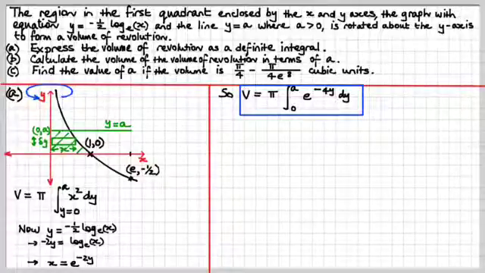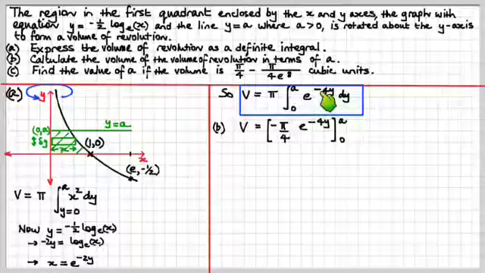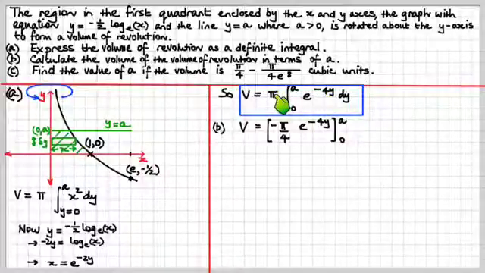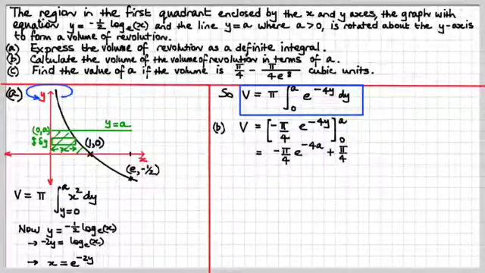Now, what have we got to do for part B? Calculate the volume of revolution in terms of a. No problem, just evaluate the definite integral. That's as easy as pi. You know how to integrate e to the minus 4y. It's 1 over minus 4 e to the minus 4y, and the whole thing's multiplied by pi, integrating between 0 and a.